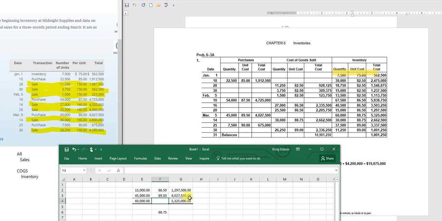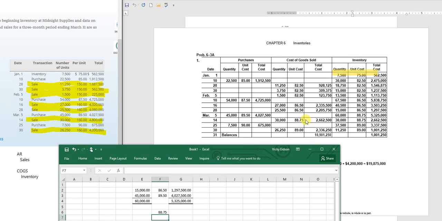So 4,207. So notice my new average is my total cost 5,325,000 divided by 60,000. So you can see those numbers. So I have 88.75, which is indeed what they have there. Okay, so I have 60,000 units at 88.75 is 5,325,000. So when I sold them at 88.75, notice all prior balances disappear. Every time you buy something, you have a new average.